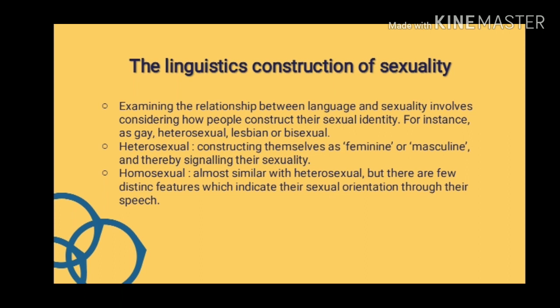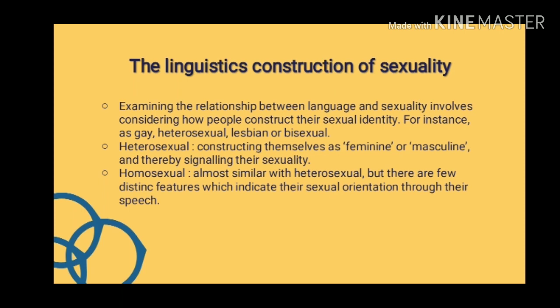Examining the relationship between language and sexuality involves considering how people construct their sexual identity as gay, heterosexual, lesbian, or bisexual. Heterosexual people typically make normative choices in most contexts, constructing themselves as feminine or masculine, and thereby signaling their sexuality.